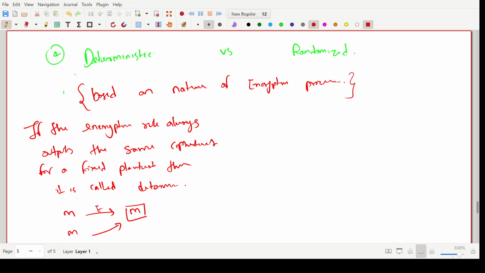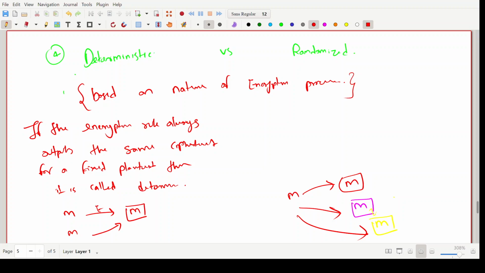Whereas in the case of randomized, first time I am encrypting, I'll be getting something like this. Second time I am encrypting, then I may get something like this, and third time something like this. That means they are encrypted in different forms. I am encrypting with the same thing, but I am getting different ciphertext. So that is called randomized, where some random numbers are involved.